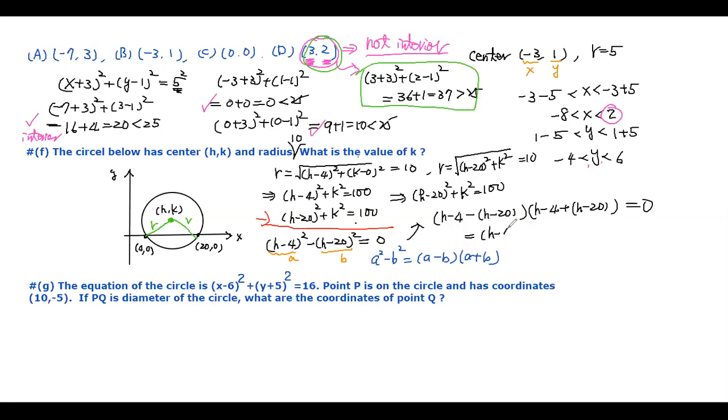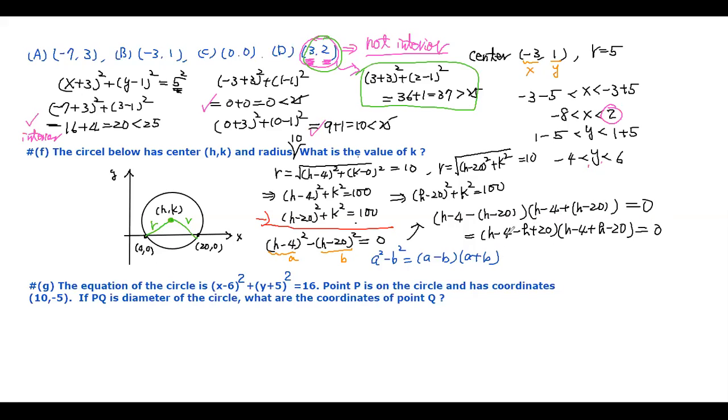So this is h minus 4 minus h, negative is what? It's positive. Right, so this is h minus 4 plus h and minus 20. See here, I'm not careful and I try to go fast. Okay, so this is 20s, right?